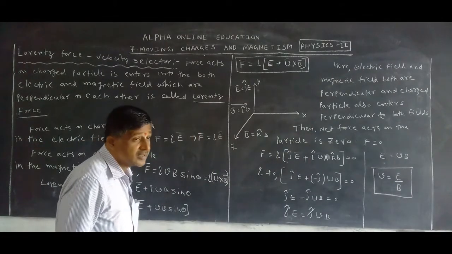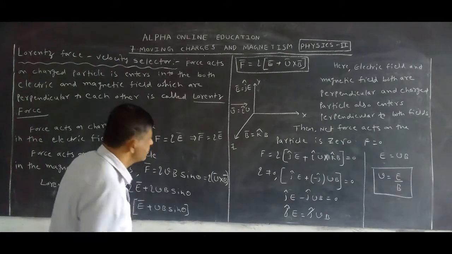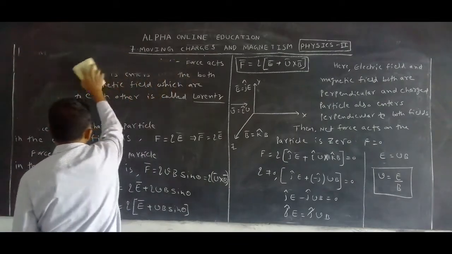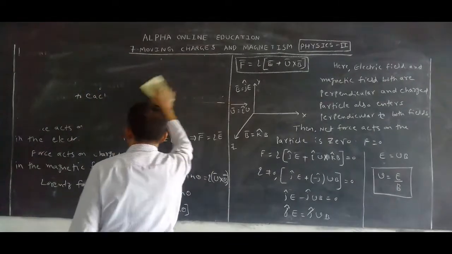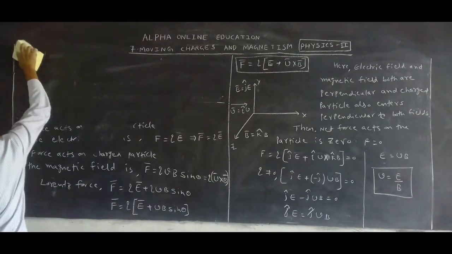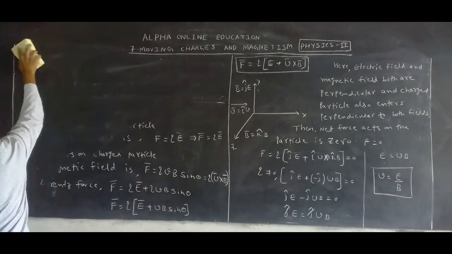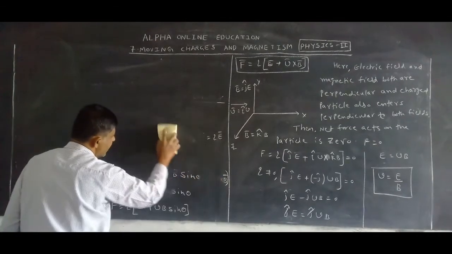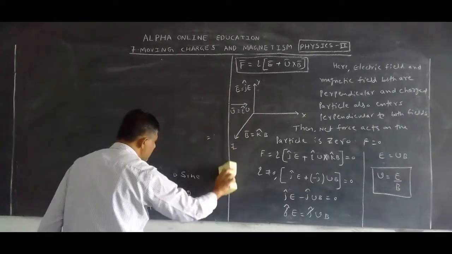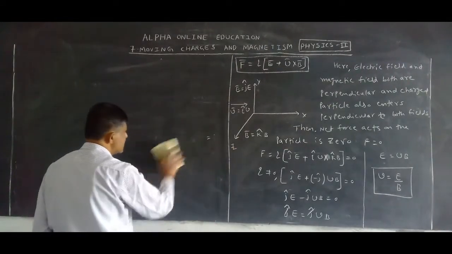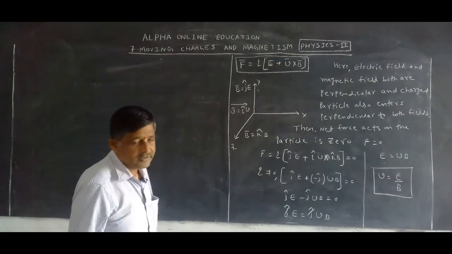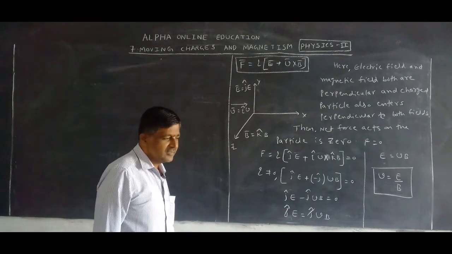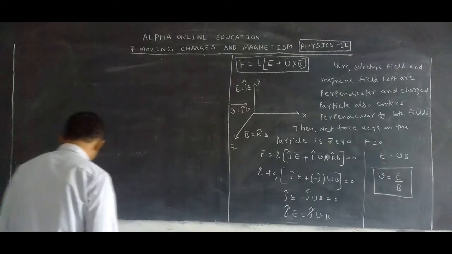V = E by B. When the force is 0, the charged particle is not accelerated; if it is not accelerated, the velocity is constant. The velocity in this case is V = E by B. This is one equation, and mainly we can get problems on it. Next.